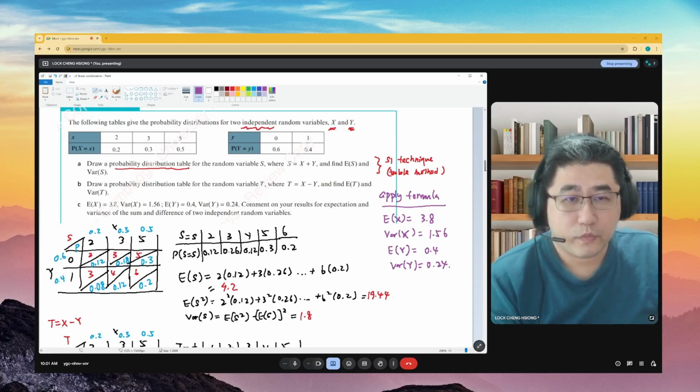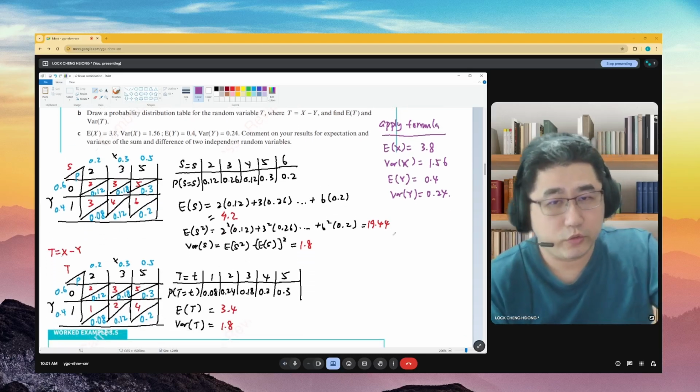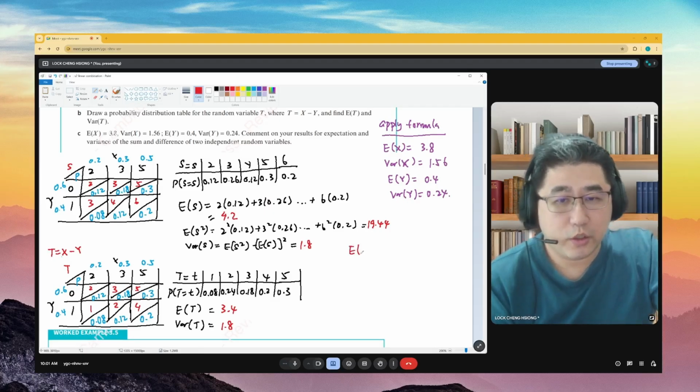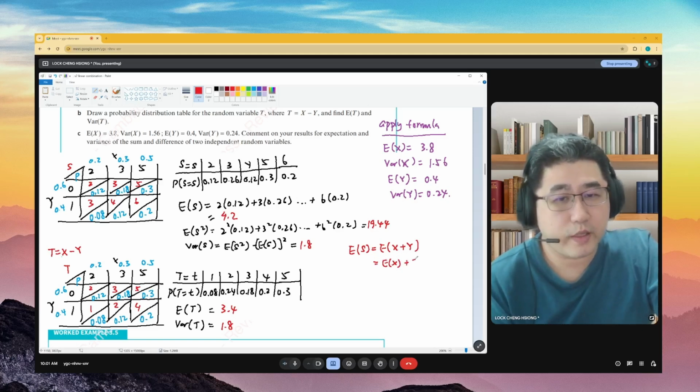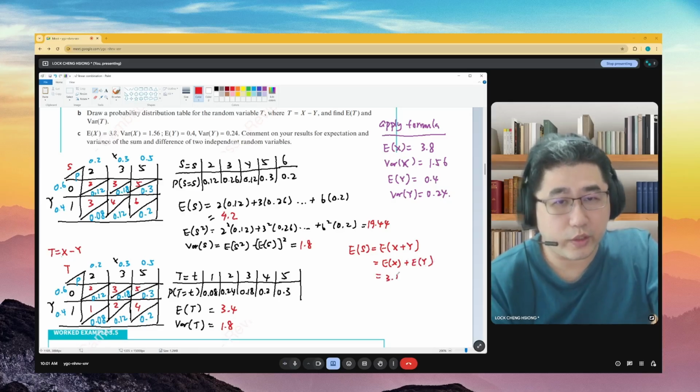So how do we apply the formula? According to the formula, expected value of S is expected value of X plus Y, which is expected of X plus expected of Y. That gives me 3.8 plus 0.4, which gives me 4.2.